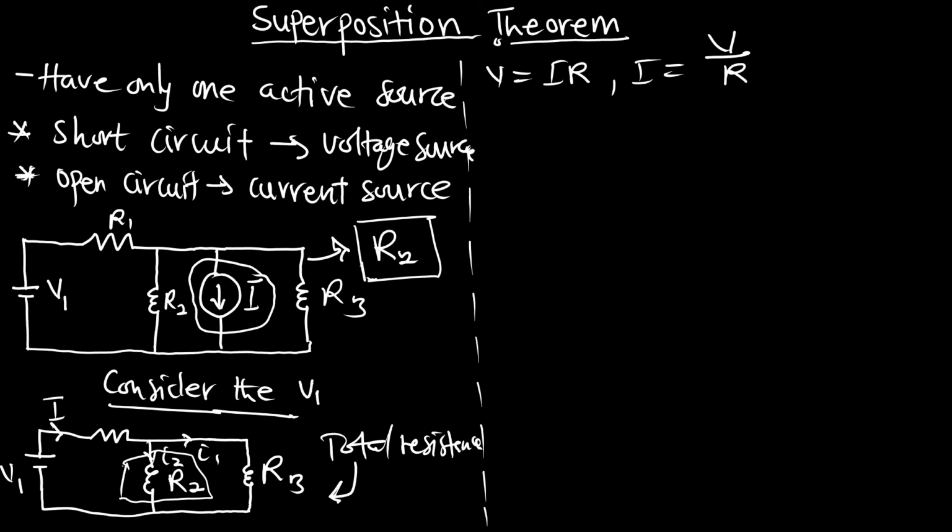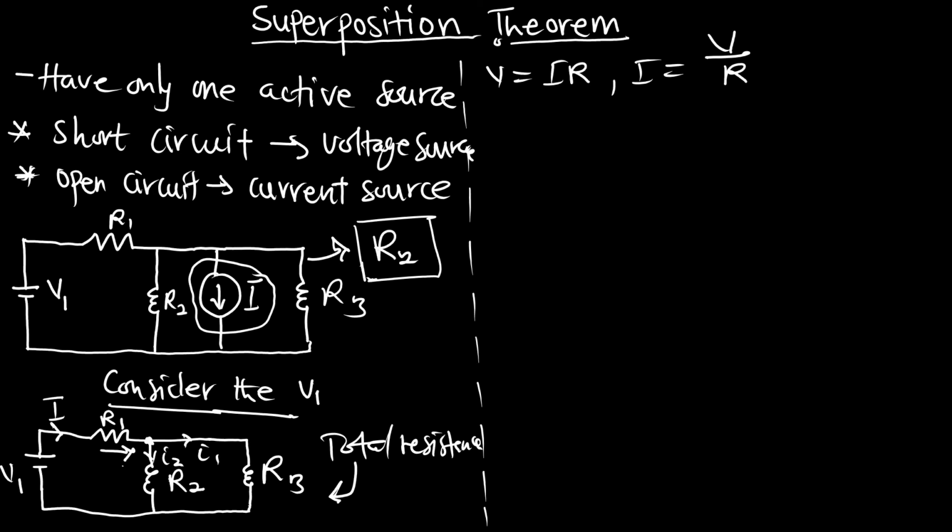And if we have our current I, then we can also apply the current divider rule at this junction, because we know that this I is passing through the resistor 1. Everything is passing through. So at the junction, it is going to split into two, I1 and I2.